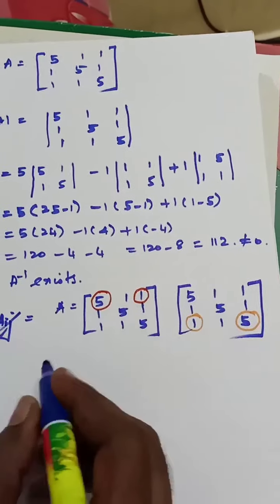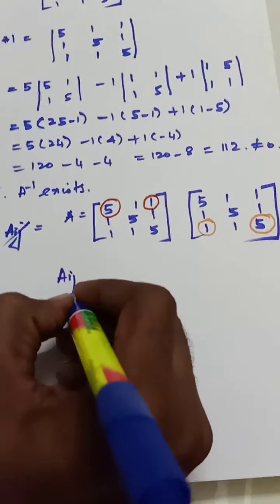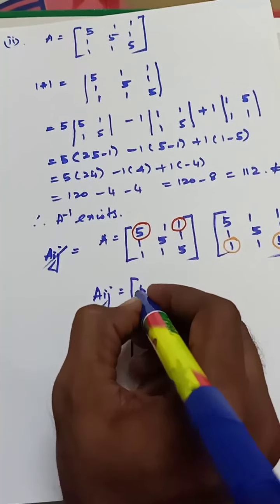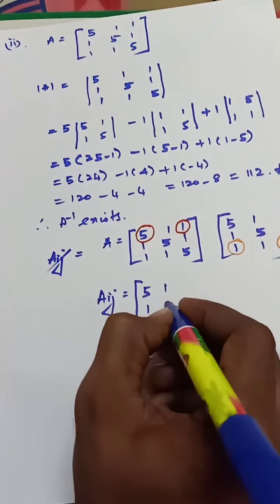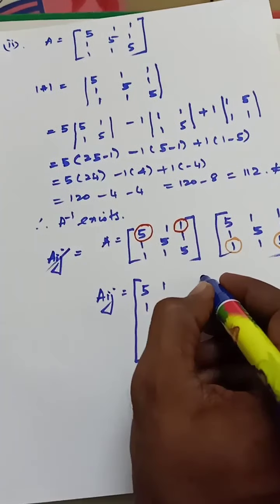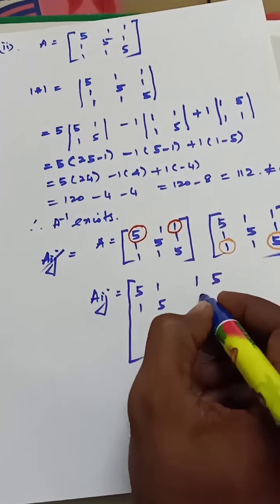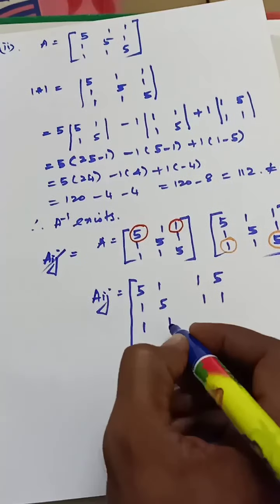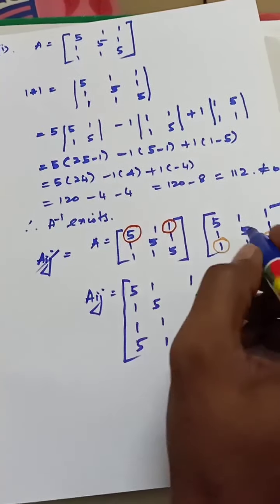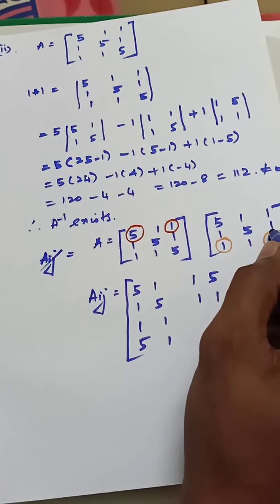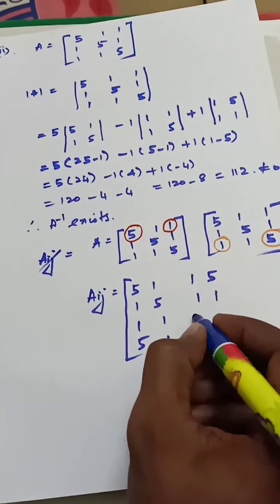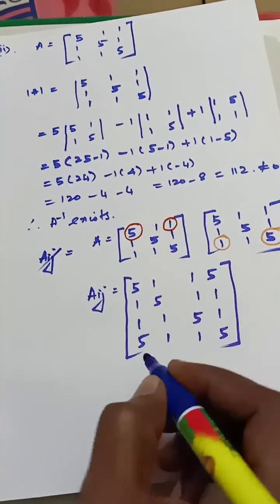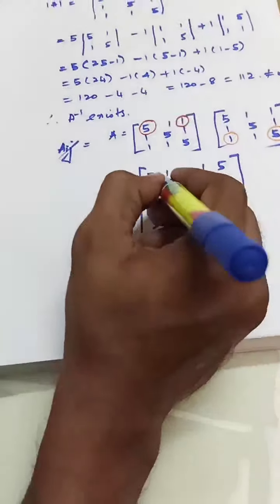These are the minors we are using. So Aij is nothing but: the minor of this 5 is 5, 1, 1, 5, the minor of this 1 is 1, 1, 1, 5, and the minor of this 1 is 1, 5, 1, 1, and so on. The answer will be the product of these.